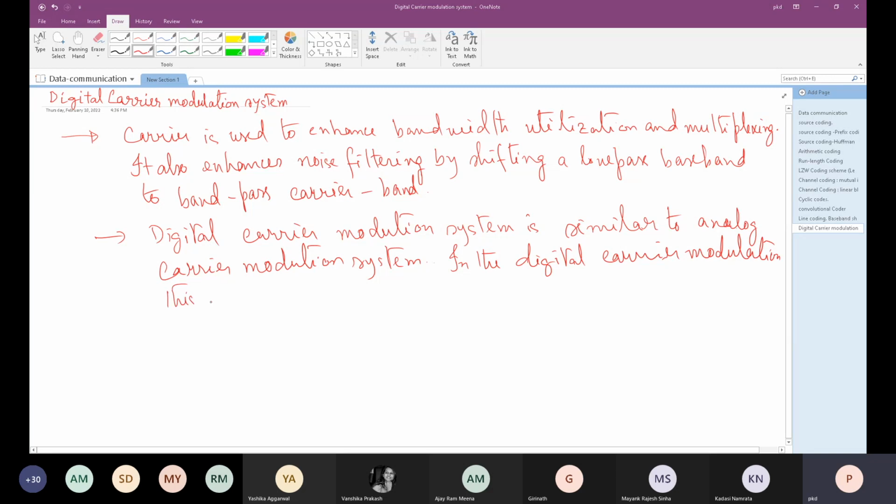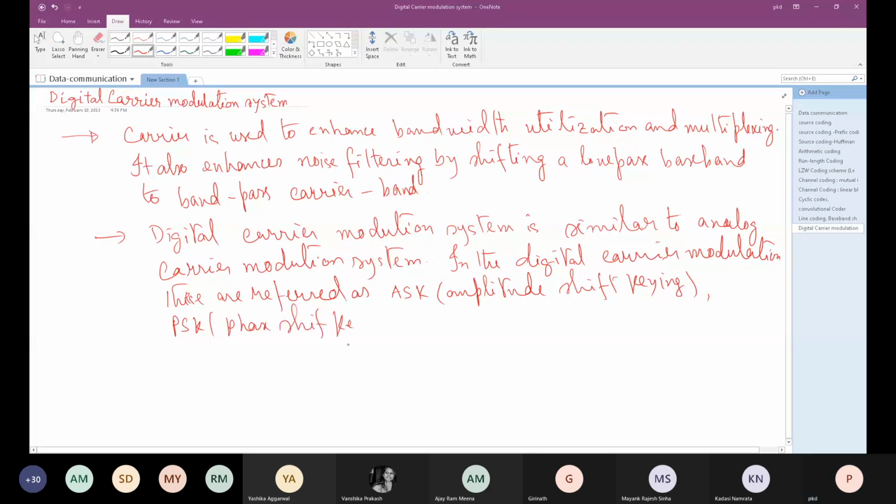These are referred to as ASK, PSK, phase shift keying, FSK, frequency shift keying, etc. Like there are QPSK, BPSK, etc.